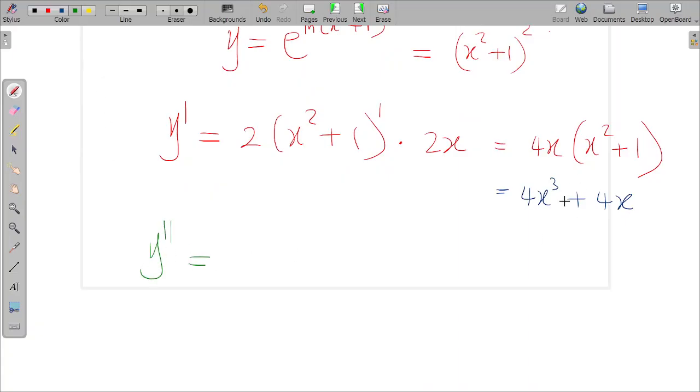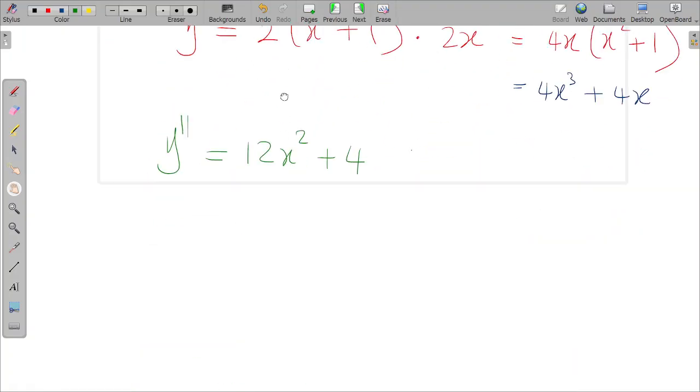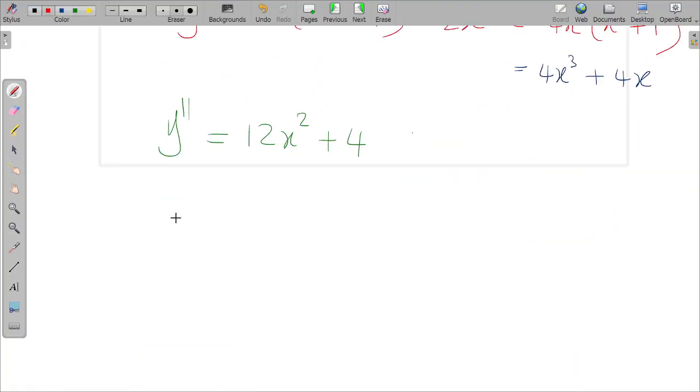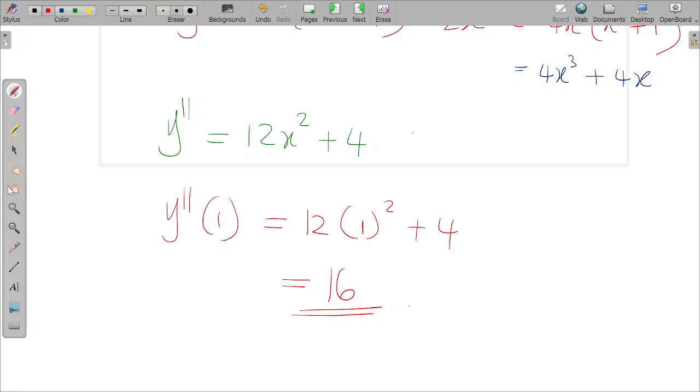The derivative is just 12x squared plus 4. That is it. Now you put x equals 1. So my y double prime at 1 is 12 times 1 squared plus 4, which is 12 plus 4, which is 16.